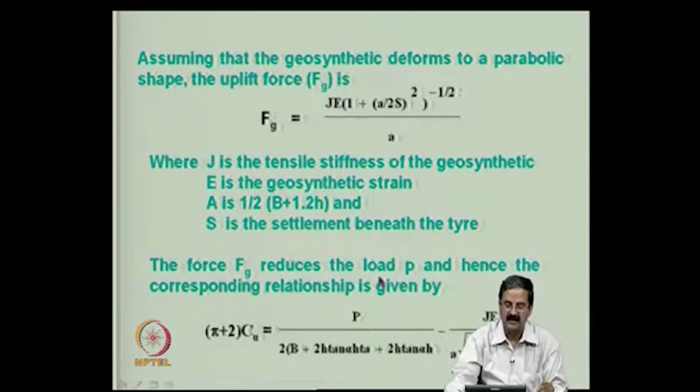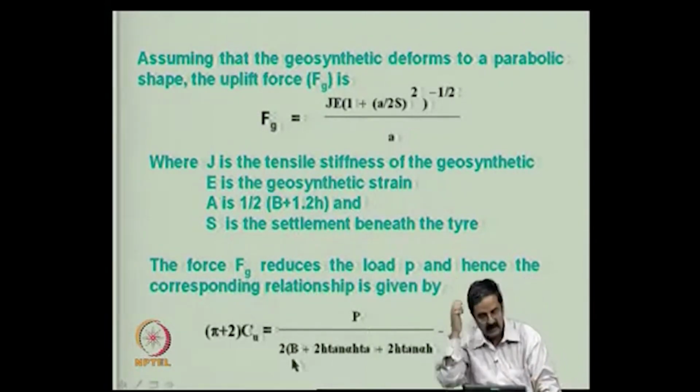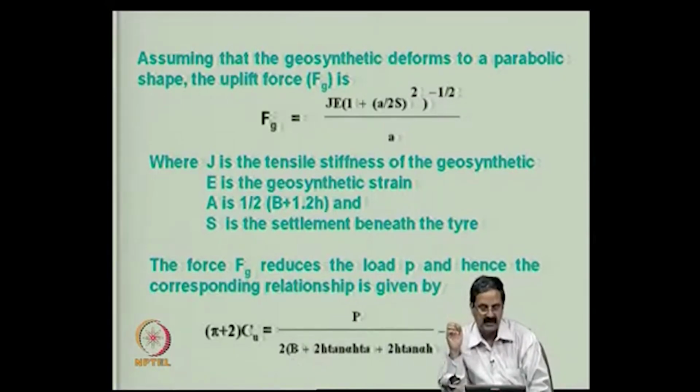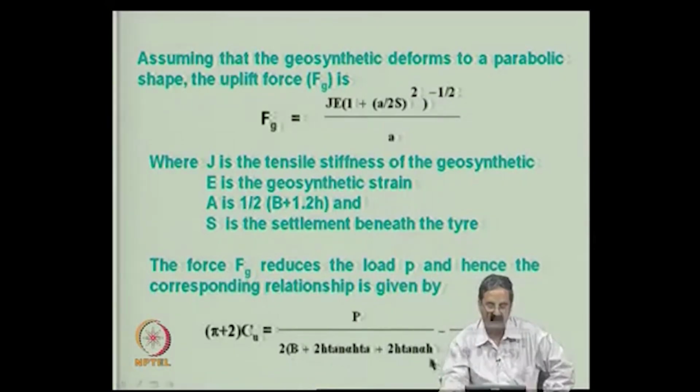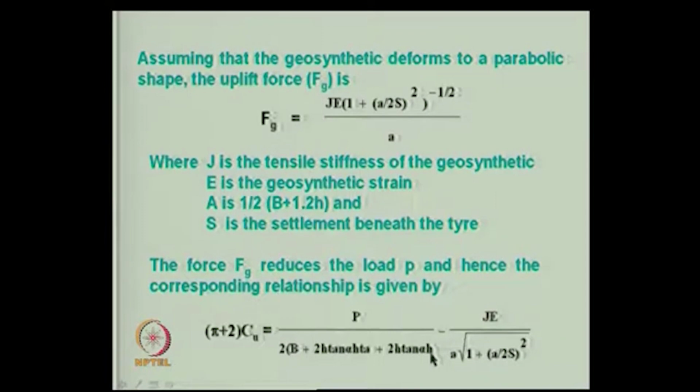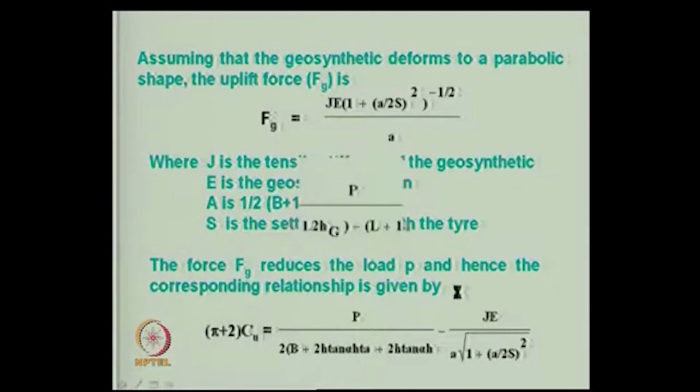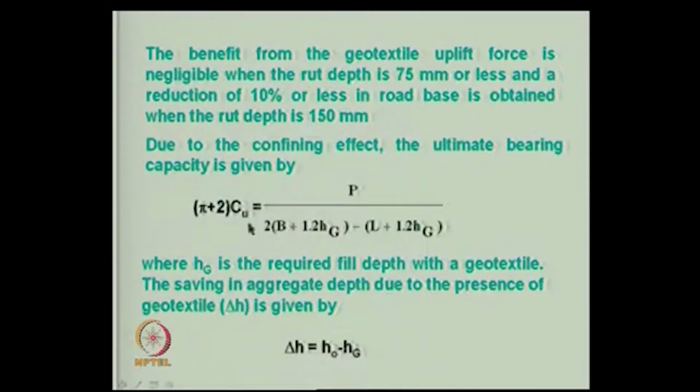The Fg reduces the load P, and hence the corresponding relationship is given by, you know, what is happening, the load is reduced. This equation we just gave because of that previous one, without this term, is because of the tension, this is because of the separation function. So, what we assume is that we equate it to pi plus 2 Cu, okay.